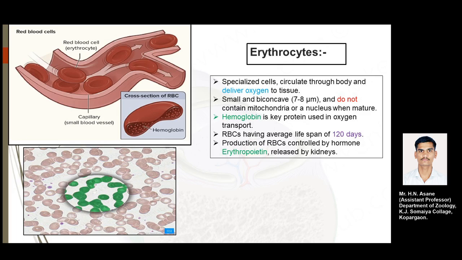Small and biconcave, 7 to 8 micrometers in diameter, and they do not contain mitochondria or a nucleus when they mature. So why do these RBCs not contain any nucleus or mitochondria? We know that the mitochondria is the powerhouse of the cell. Okay, but why do these cells not need mitochondria?